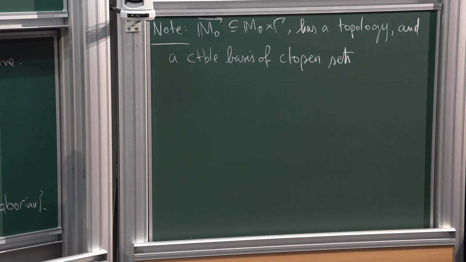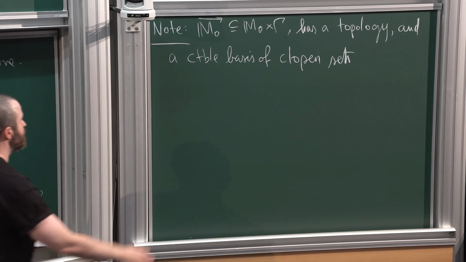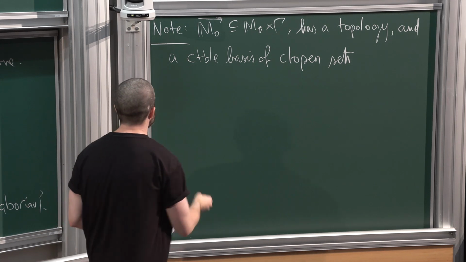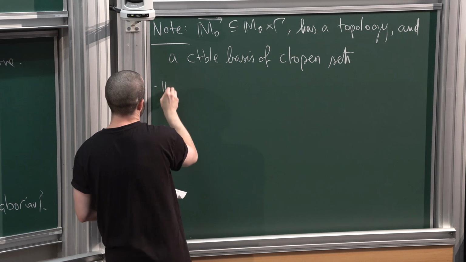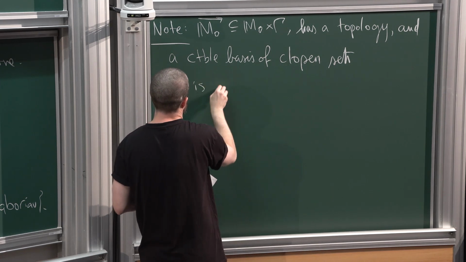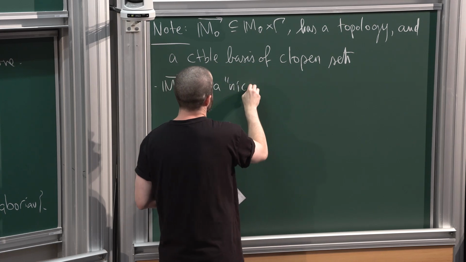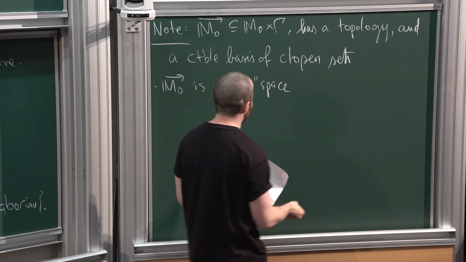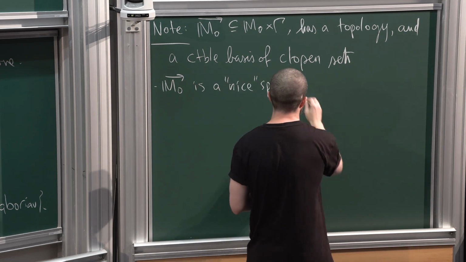So this countable basis of clopen sets will be important for us. Another thing that is important for us is that this groupoid is a nice space. This has no formal meaning, but it implies something.